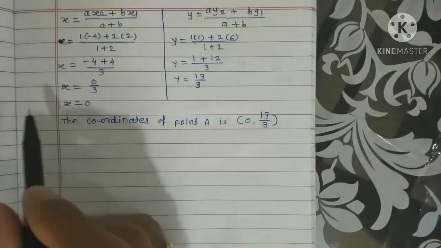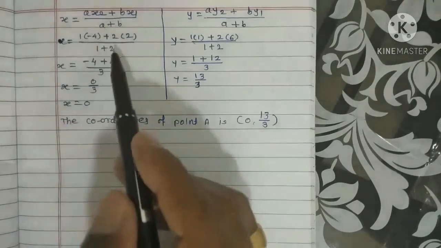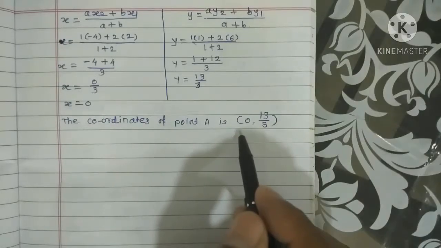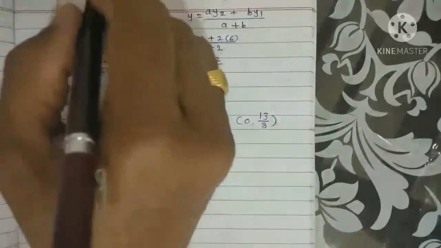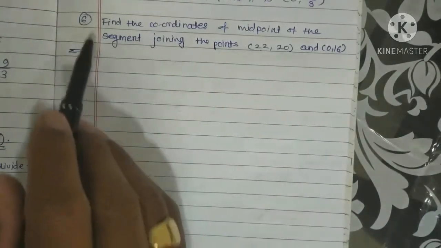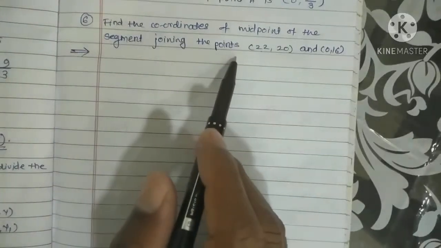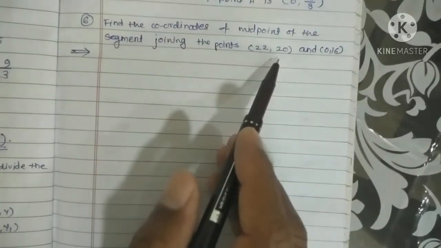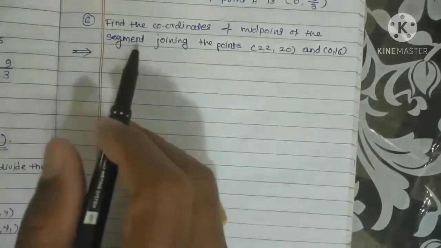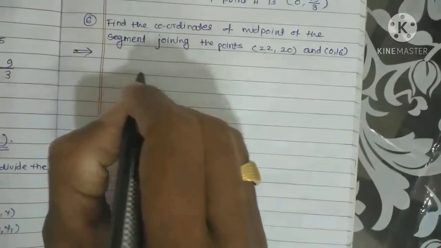So student, listen here. Here you should apply the section formula, then put in the given values and find the coordinates of this point. Now the next one is example number 6. Find the coordinates of the midpoint of the segment joining the points (22, 20) and (0, 16). Now student, listen here.